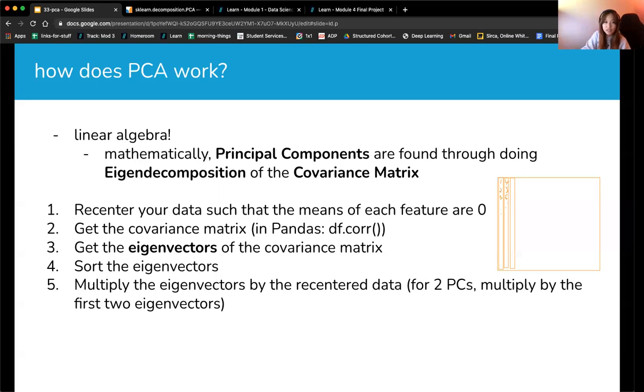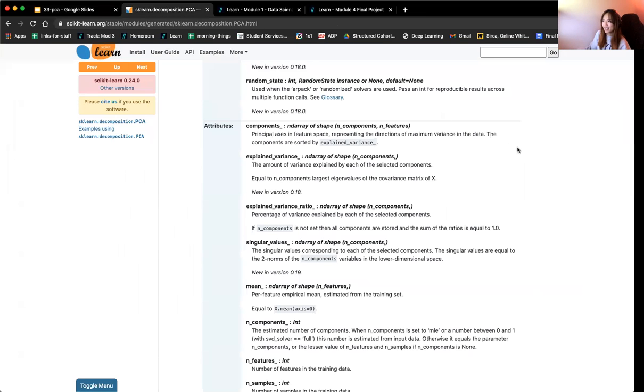If you have new data points, how do you turn those into PCA, right? That leads me into talking about scikit-learn. PCA works very functionally, very similar to how SMOTE works, how your standard scaler works, how any of your transformations work.